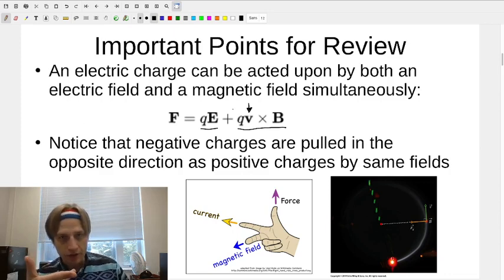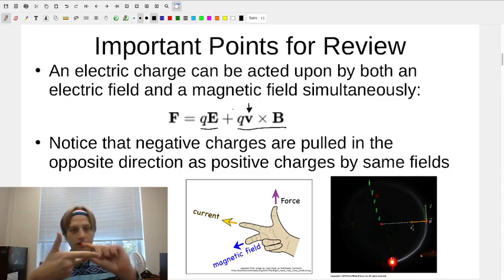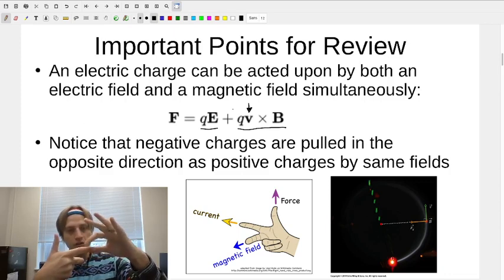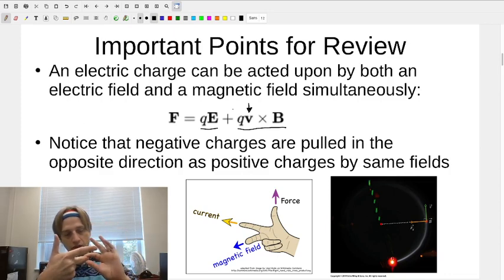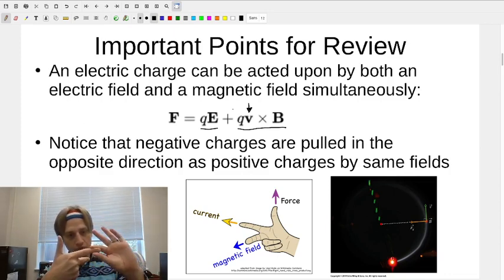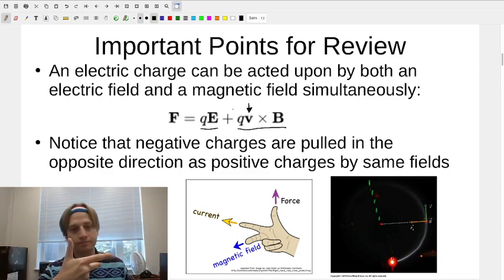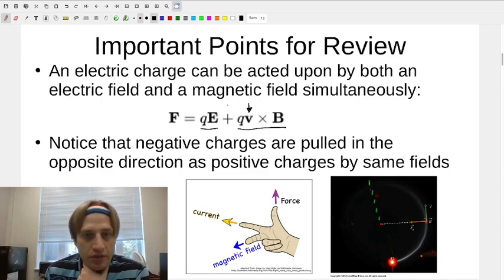So this V cross B, we learned that if you want to figure out what direction the magnetic force is, you have to use your index finger for the V, your middle finger for the magnetic field B, so V, B, and then your thumb is the F. All right, and these forces then add like vectors.